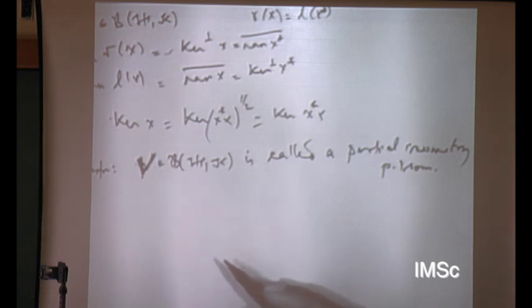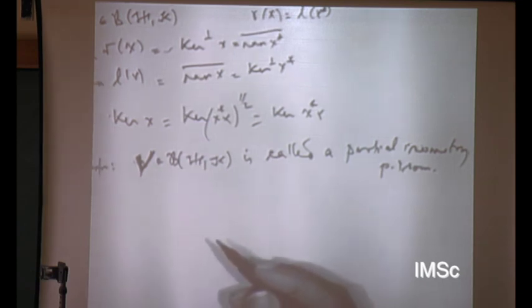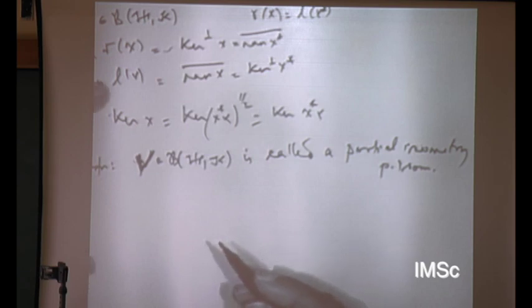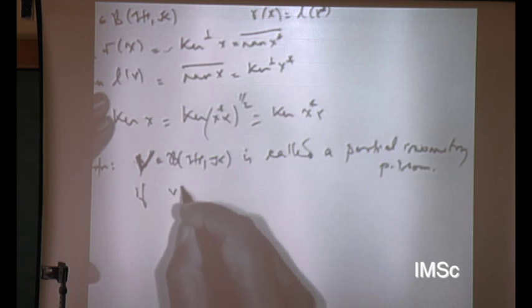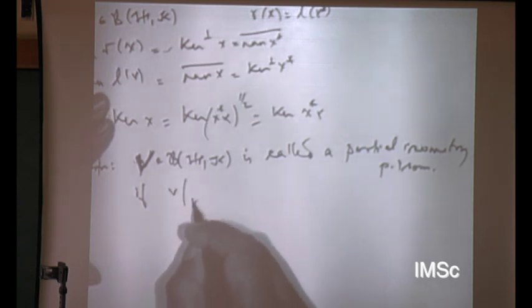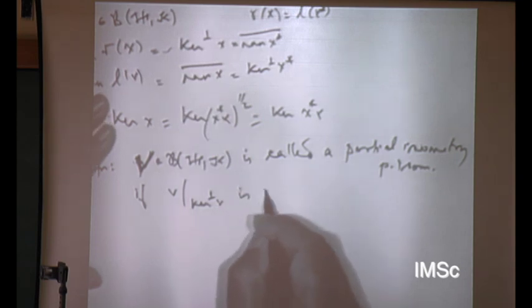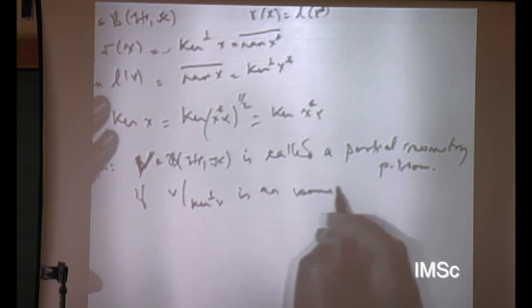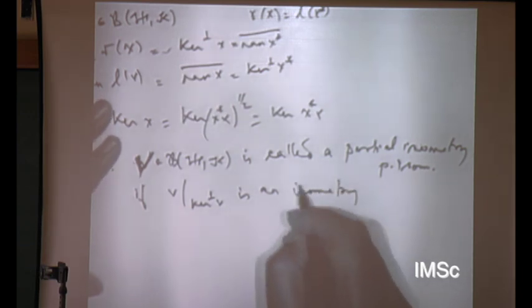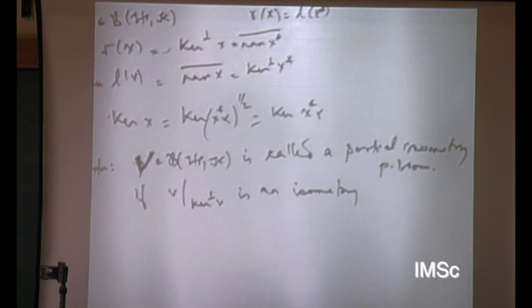The only thing it can kill is the zero vector. But partial isometries are allowed to have a kernel. So the requirement is that V restricted to kernel perp V is an isometry. It is allowed to kill some vectors, but on the complement of that it should be an isometry, right?